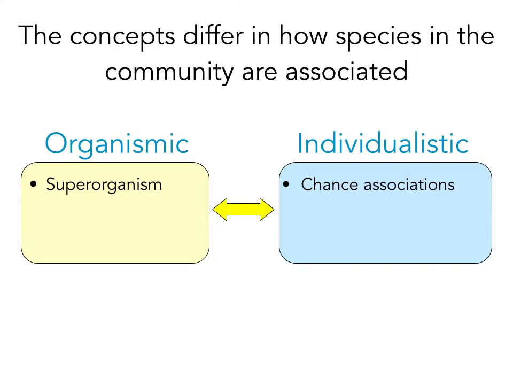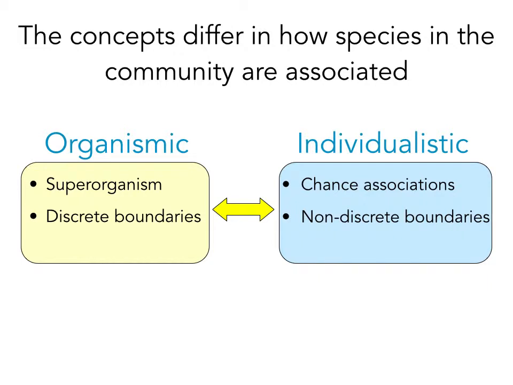So very different concepts of the ecological community. On the one hand, the organismic, the Clementsian side, being very interconnected, interrelated, species associated with one another, maintaining this cohesive whole. On the other, Gleason's concept of the individualistic community, where the associations of species were simply chance associations.